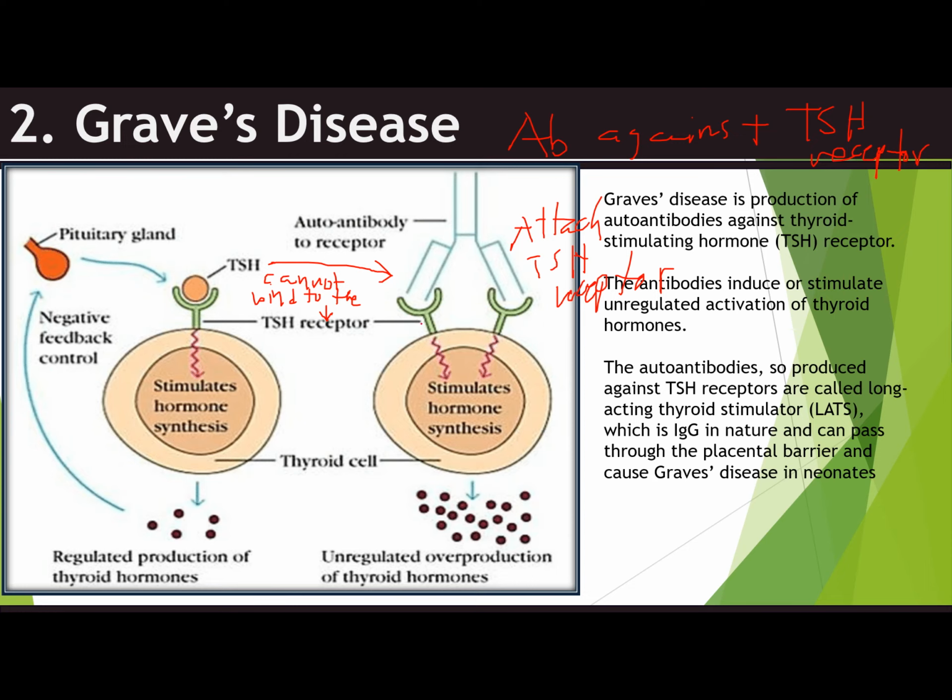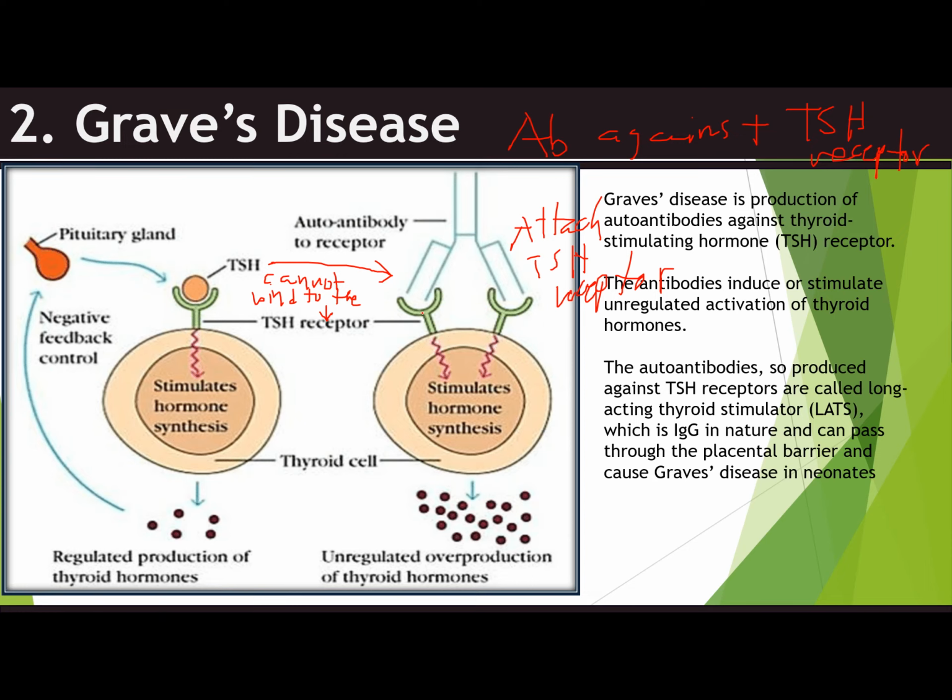So, ang mangyayari dyan, since continuously, so walang TSH na mangyayari, decrease pa din yung T3, T4 mo. Or there would rather be too much T3, T4. Bakit? Kasi merong antibody na naka-attach doon sa receptor.